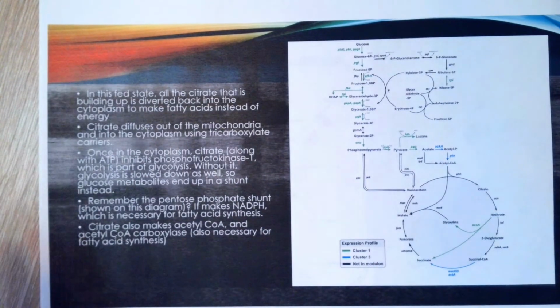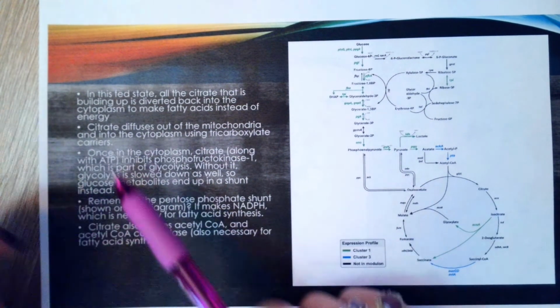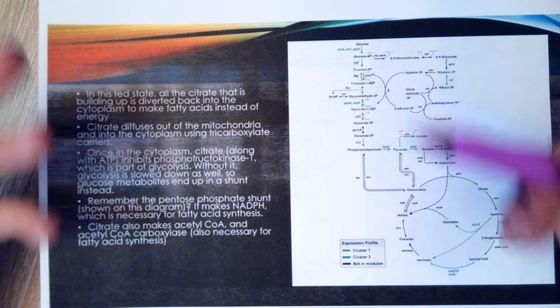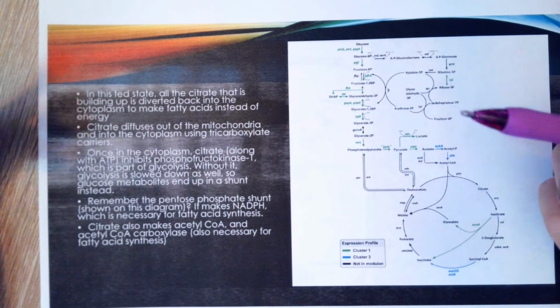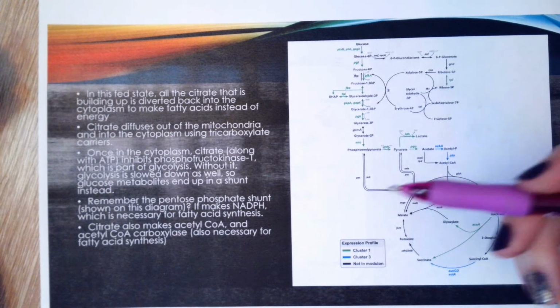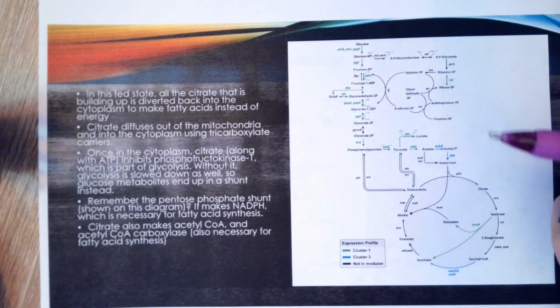Okay, so in the fed state, all of that citrate that is just kind of building up because we inhibited isocitrate dehydrogenase, that's going to go back out into the cytoplasm.